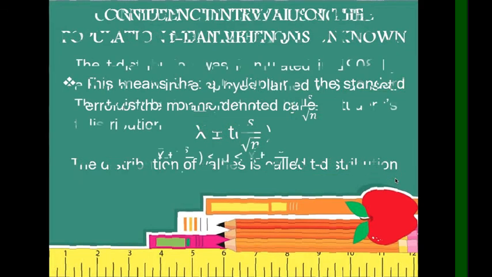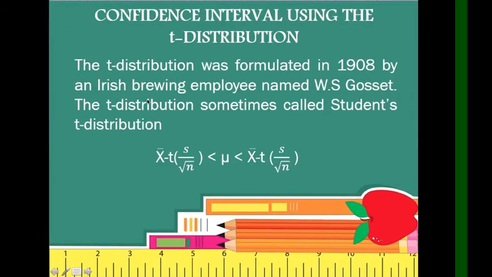The t distribution was formulated in 1908 by an Irish brewing employee named W.S. Gosset. I don't know if that's the correct pronunciation. The t distribution is sometimes called the Student's t distribution.